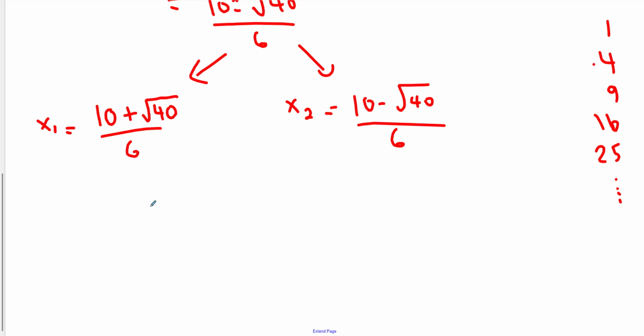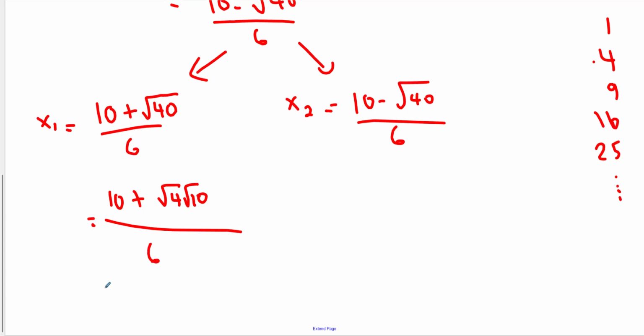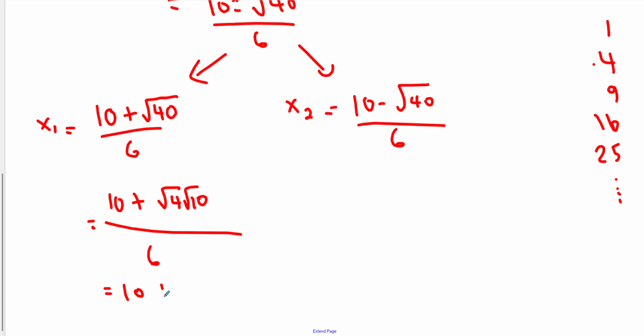And 4 looks like something that would go. So I'm going to do 10 plus square root 4 square root 10 over 6, the same thing as 10 plus 2 root 10 over 6.